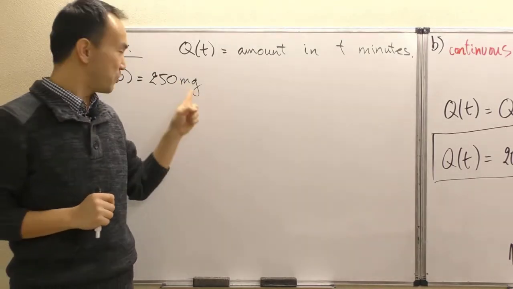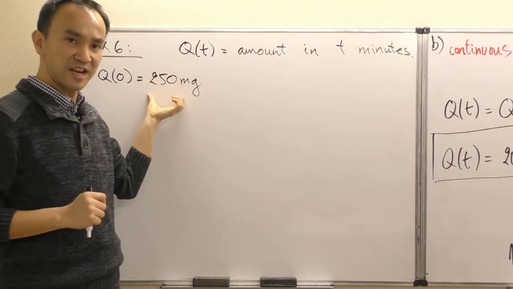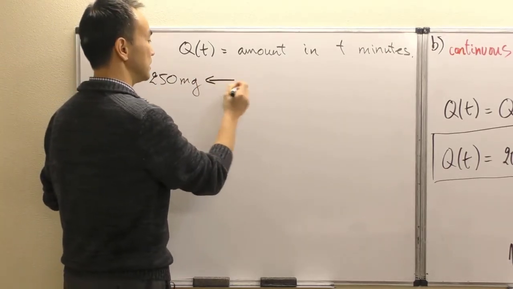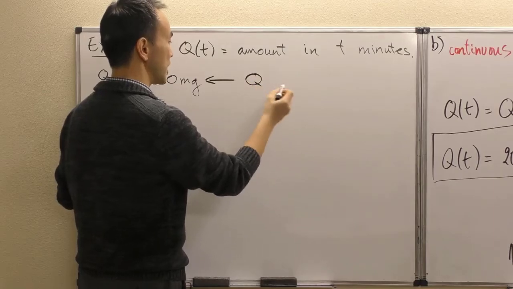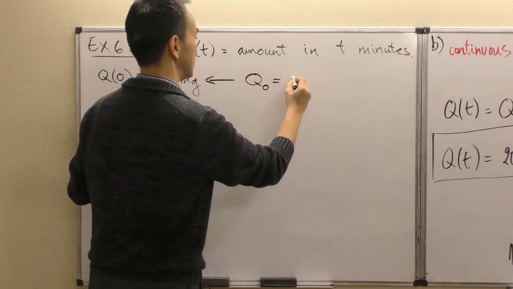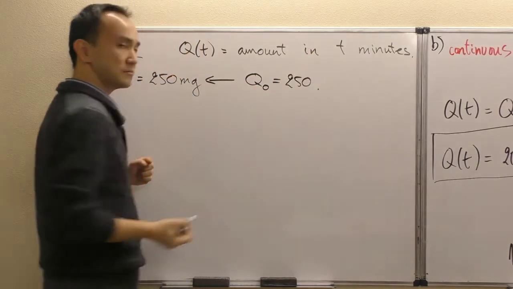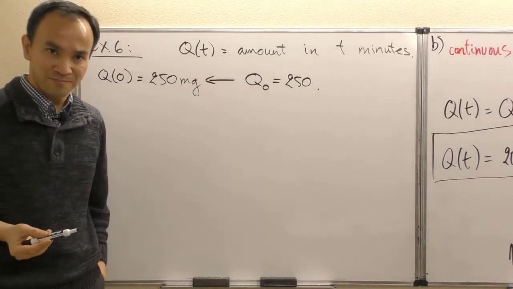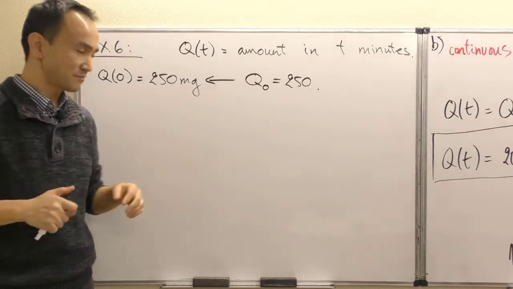We can clearly use this as our initial amount right here. So as a notation, it's Q sub 0 equals 250. We have for ourselves an initial amount right here.